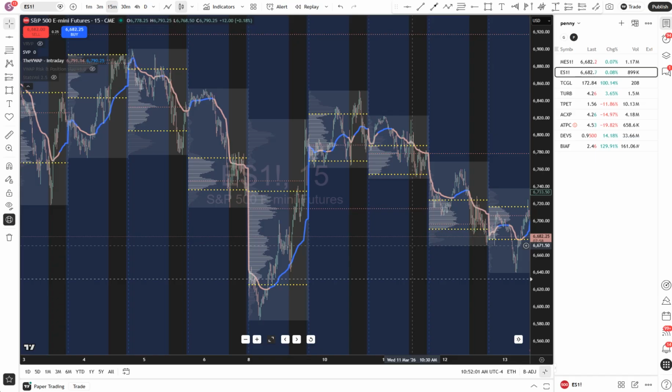A couple of ways you can find that is by saying, okay, if the market goes higher, who's going to be trapped in this market? Shorts, okay? So what will happen when we get back to levels and areas where there's trapped shorts?